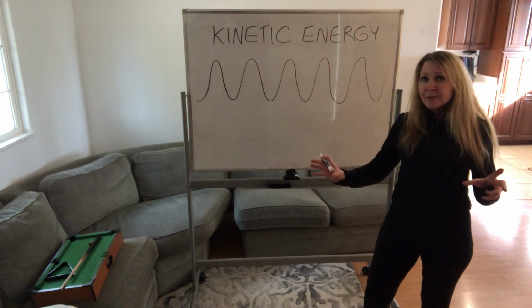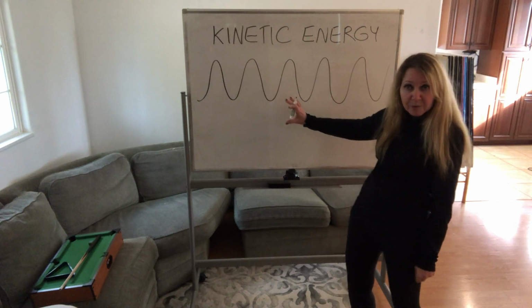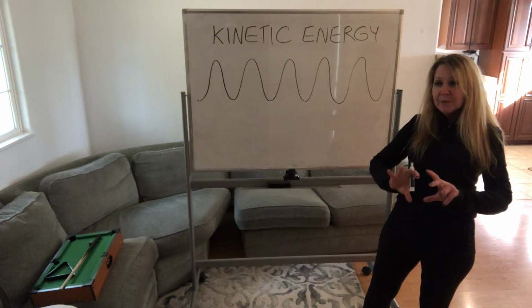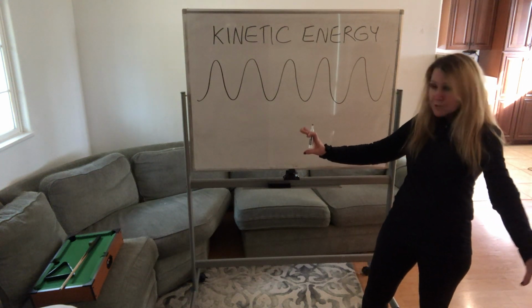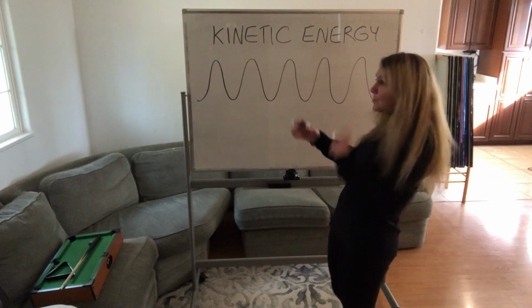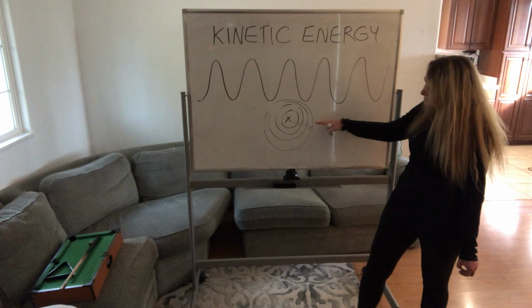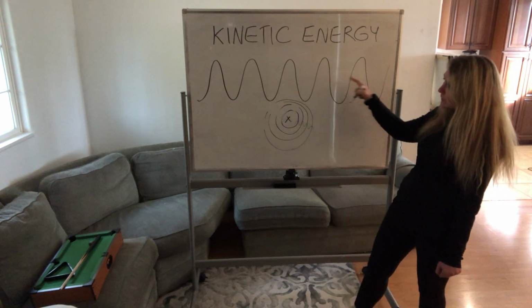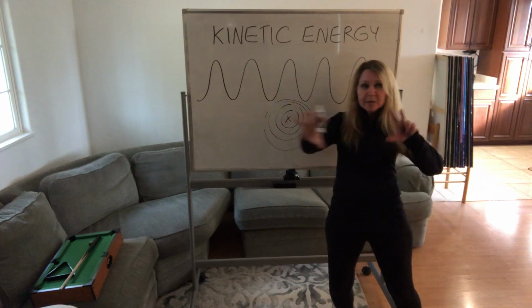The tricky thing about this is we are looking at the side of the wave, like the profile. In reality, waves are going to travel in all directions. If I were to look from a bird's eye view, looking down, in reality the waves are traveling in all directions.